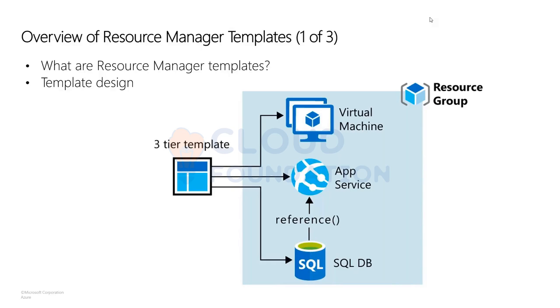Resource group is not a physical boundary. It's a logical boundary. All components which are relevant to a customer, which are relevant to a particular environment, can be part of a single resource group.